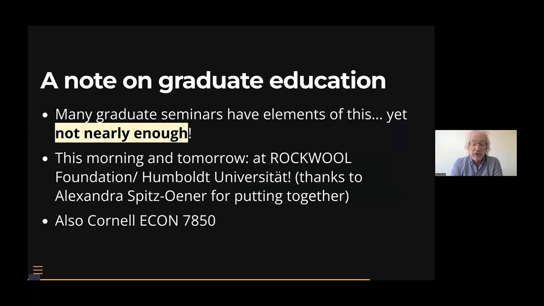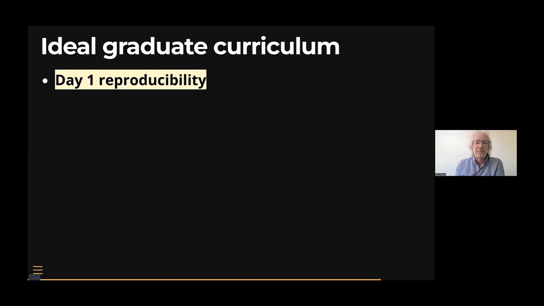So actually just 2 hours before this started, I gave 2 sessions at the Humboldt University here. We've also been putting part of this into practice as a Cornell graduate level class. And many of those same elements that I talked about for the undergraduate education appear in that graduate curriculum.